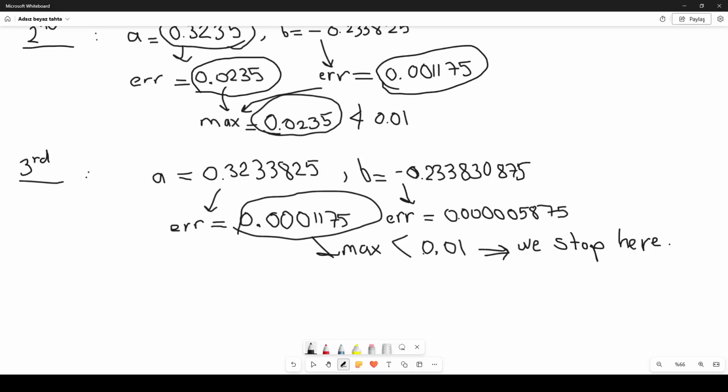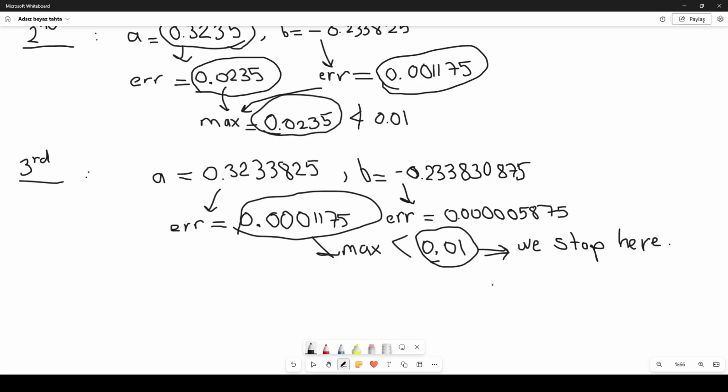And as we see now, we're done with error tolerance because this error is strictly less than the error tolerance we assumed. So our error tolerance is 0.01, and our maximum error in the third iteration is less than this value. Then this means we stop here.